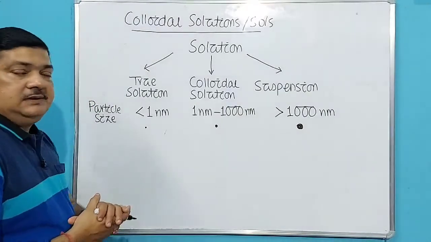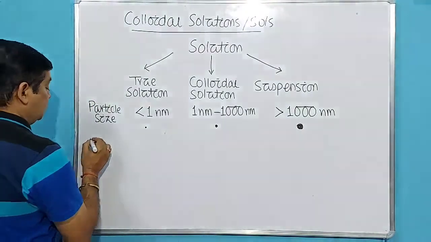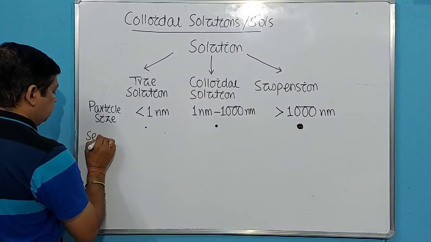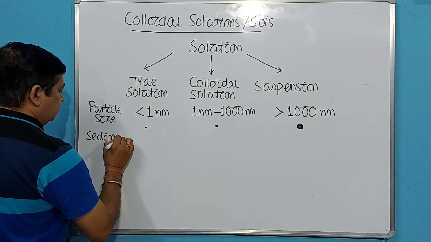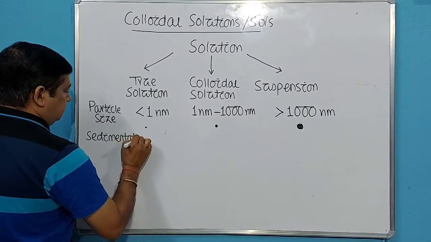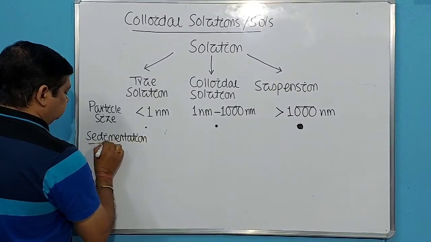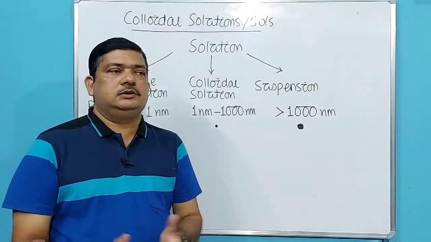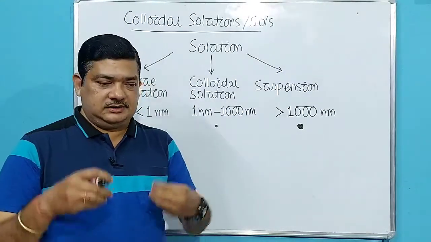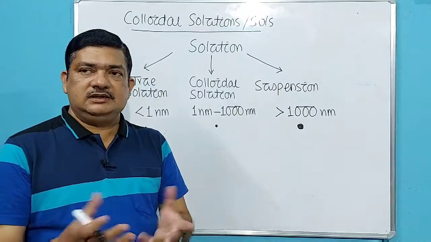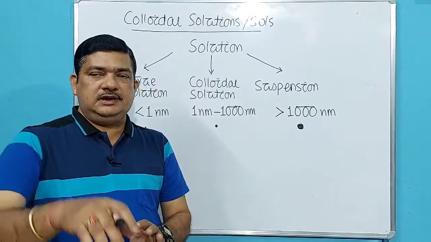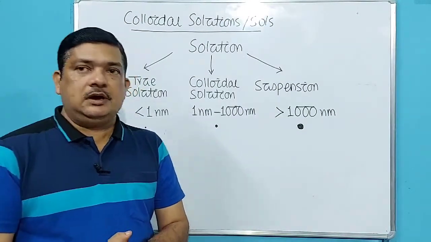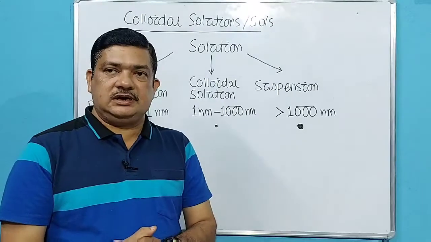First, we can differentiate between them by sedimentation. What is sedimentation? Suppose we take muddy water, mixing mud with water, that becomes muddy water. If we keep it for long hours, what happens?